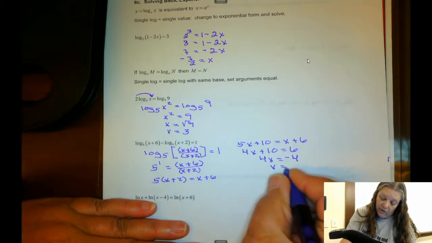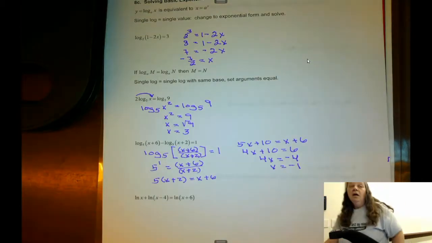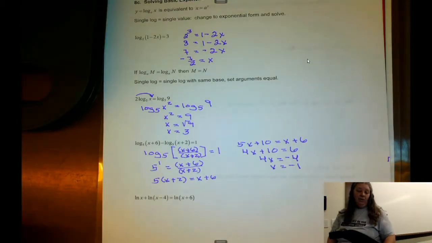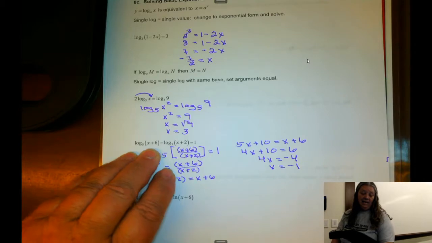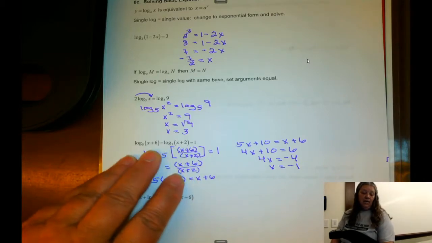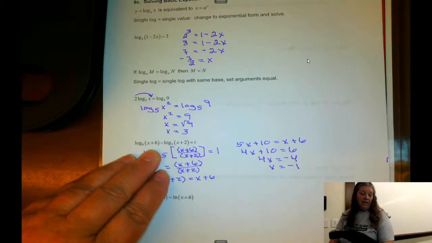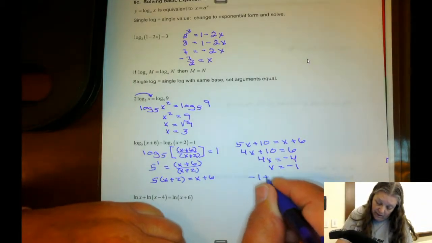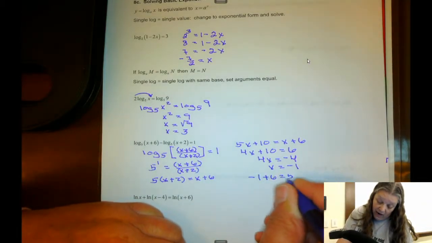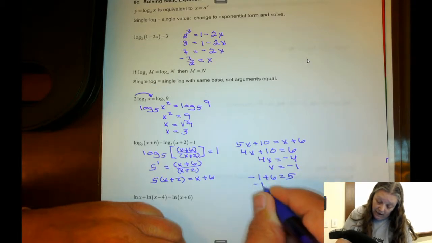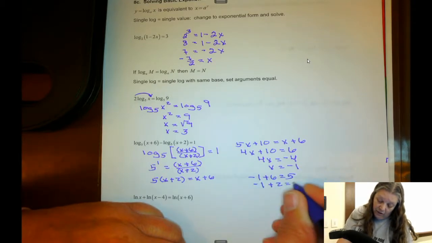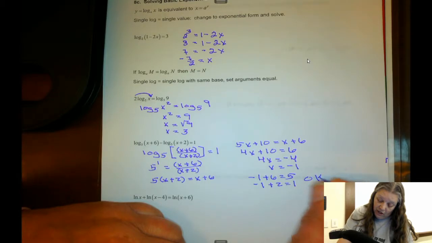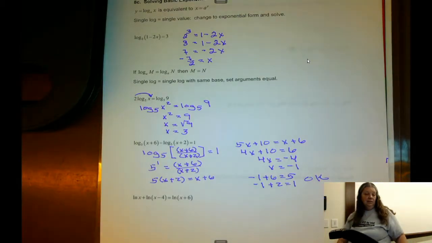Divide by 4. X is negative 1. Well, since x is a negative number, we have to put it back in to make sure neither of the arguments will be negative. So negative 1 plus 6 is 5. Negative 1 plus 2 is 1. So it's okay in both.